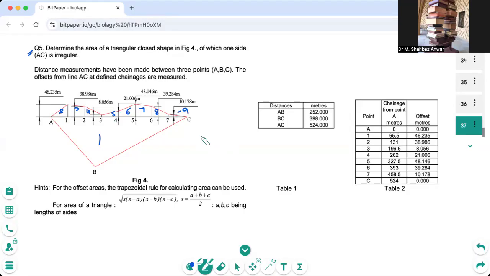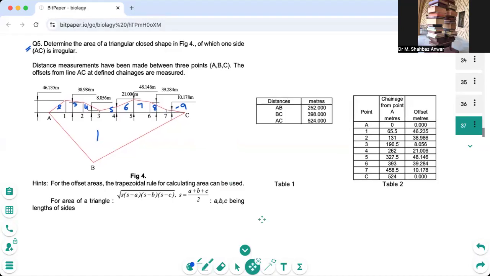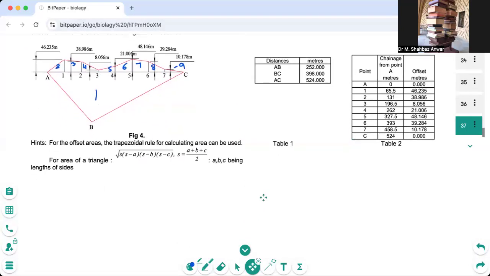Okay, so now you can see that we can divide all these structures into 3 different types. Number 1, right angle triangles, that is triangle number 2 and number 9. And second is the non-right angle triangle, which is triangle number 1, and for this we will use the given formula to calculate its area.